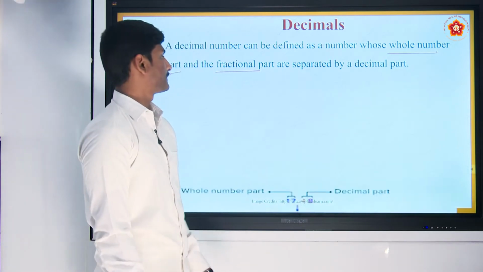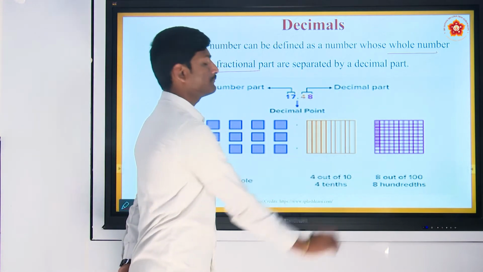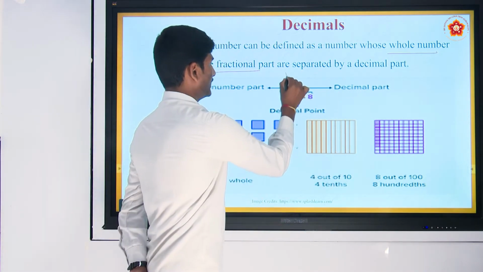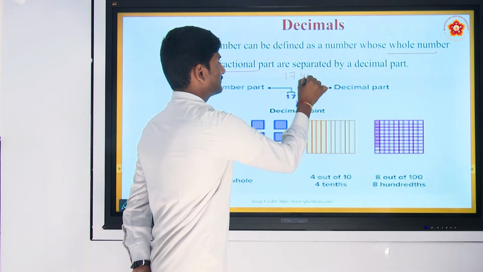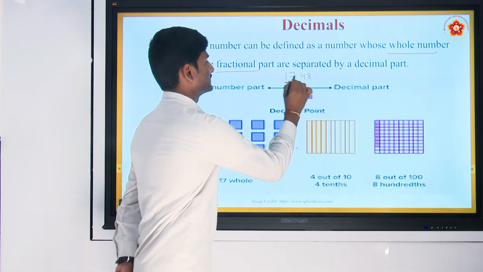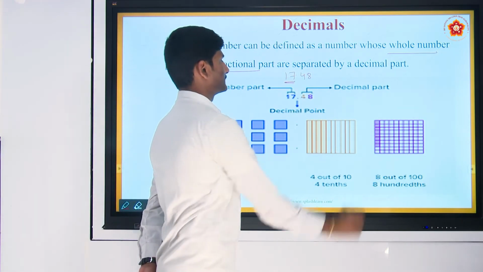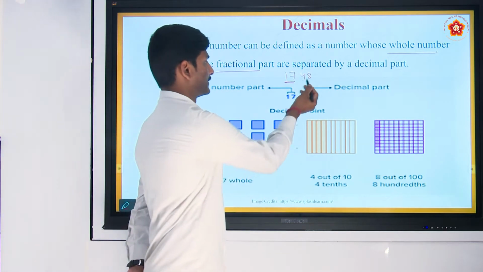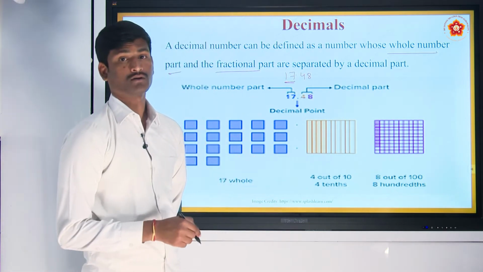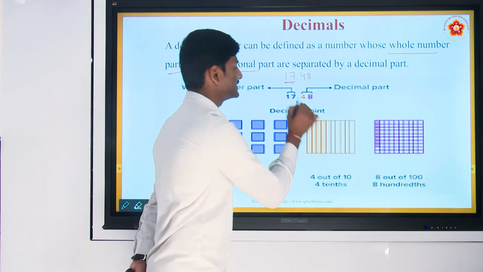Okay, I take one example: 17.48. 17.48 is a decimal number. Here 17 is the whole number part, and after the point, 48 is the decimal part or fractional part. The point is the decimal point.